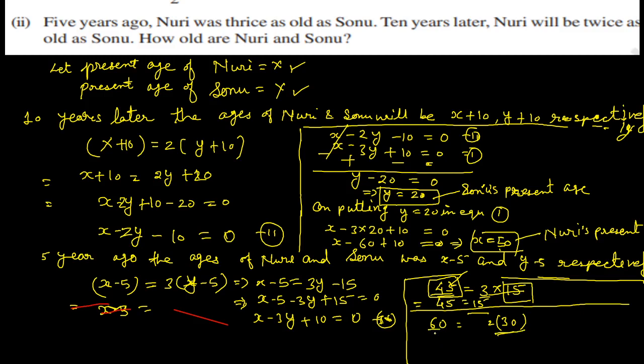So after 10 years, Noori will be 60 and Sonu will be 30, and the relation between their ages is that Noori's age is twice Sonu's age. Now let us see, LHS is equal to RHS. That means the values which we have found are correct.